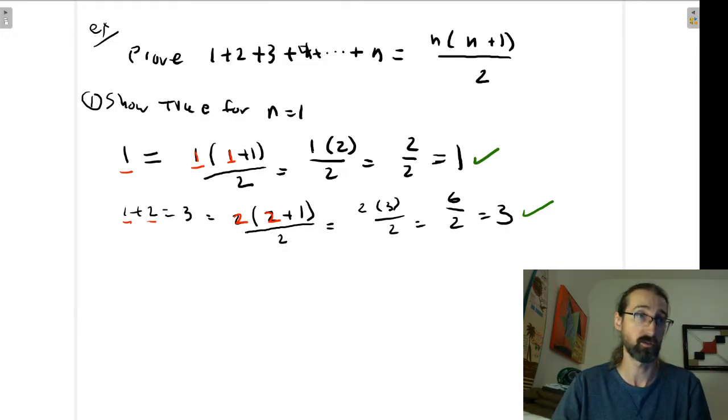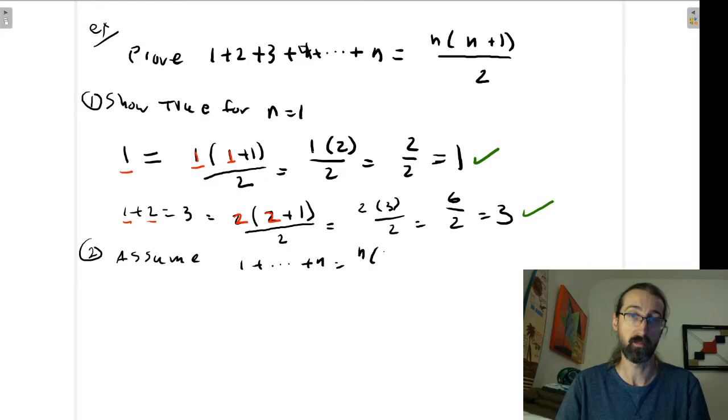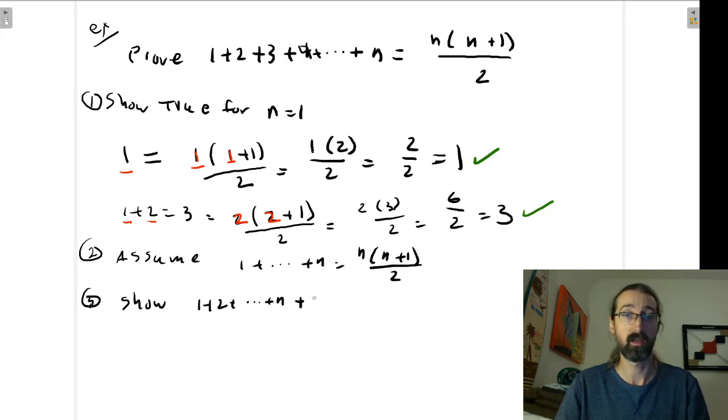Let's do the induction step. Step 2 is assume that 1 plus dot dot dot plus n is n times n plus 1 over 2. I'm assuming that it's true. So I'm going to show my induction step: 1 plus 2 plus dot dot dot plus n plus n plus 1. I'm going to plug in the n plus 1s.